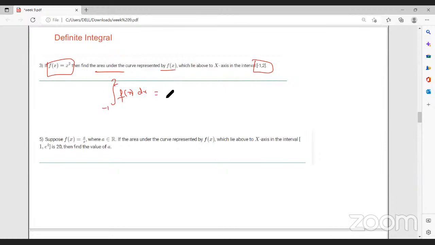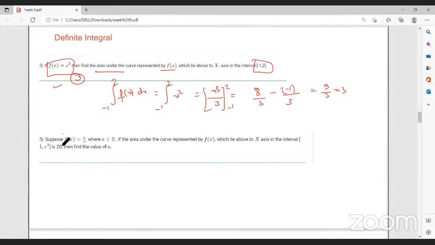The integral of x square is x cubed by 3, from -1 to 2. So it will be 8 by 3 minus of minus 1 by 3, that is 9 by 3, that is 3. So 3 square units will be the answer.